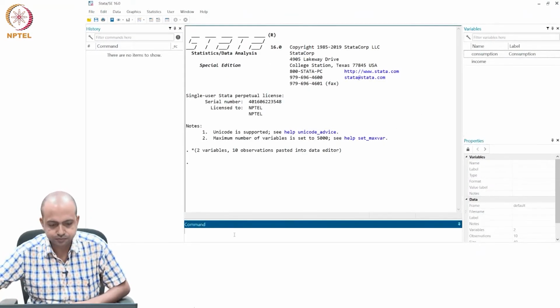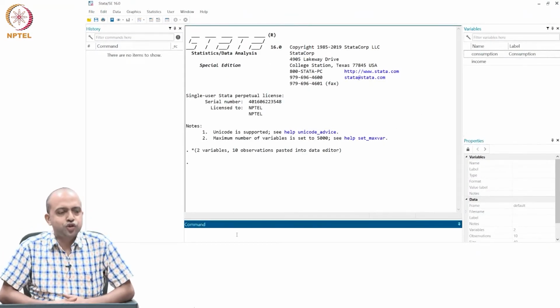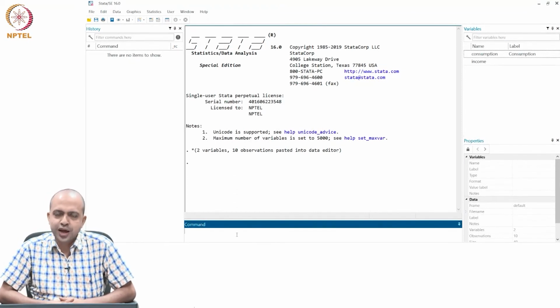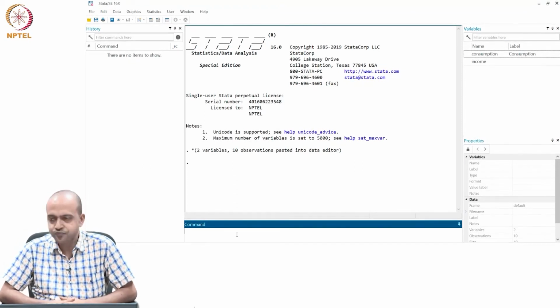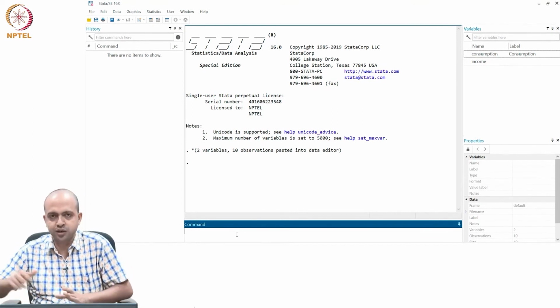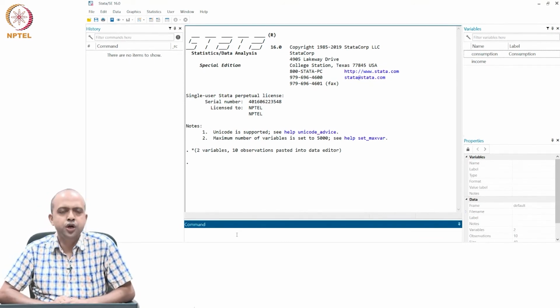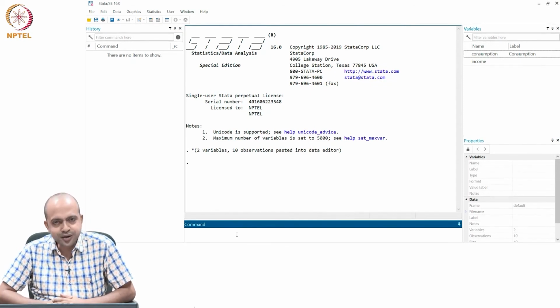Look at this first. This particular software is known as STATA, S-T-A-T-A. This is the software that I am going to use throughout my course. So, you have to get access to this particular software, STATA.